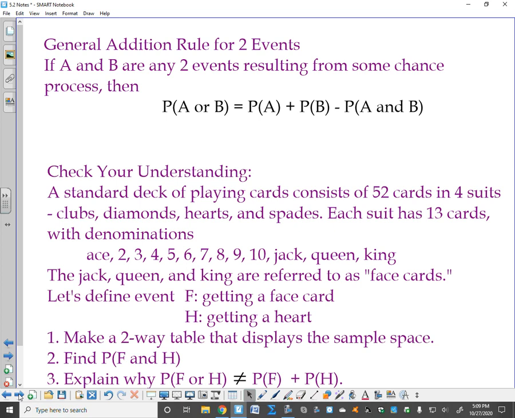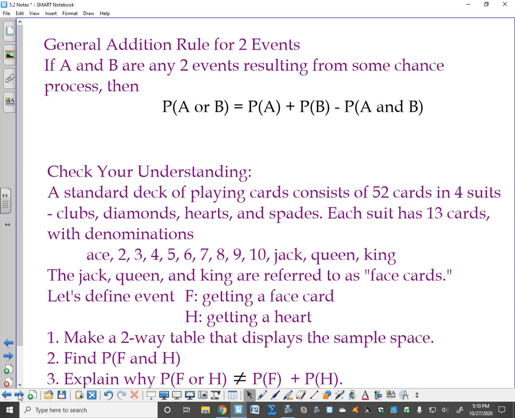If A and B are any two events resulting from some chance process, then the probability of A or B, probability of male or pierced ears, is the probability of A plus the probability of B minus the probability of A and B. Again, because there's overlap, you have to subtract that out.